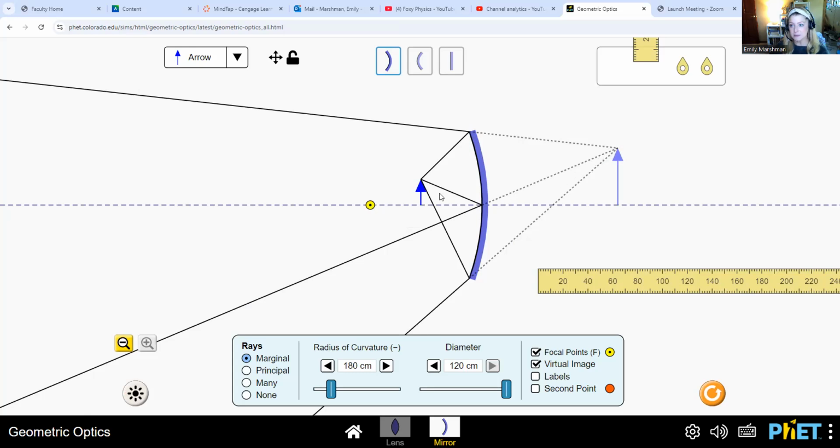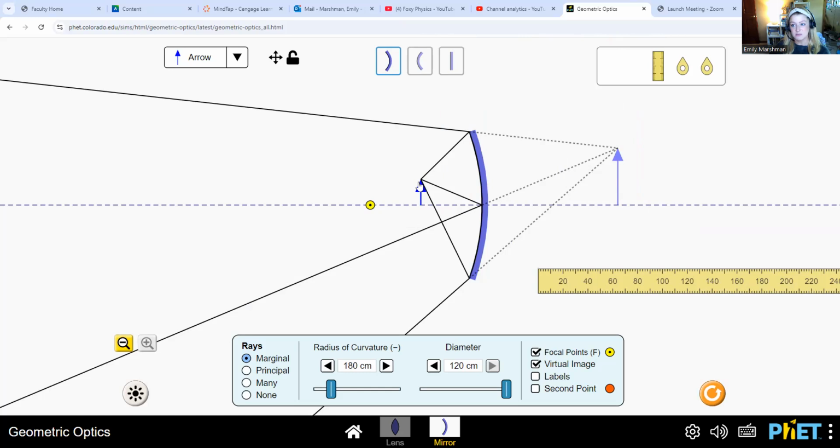That's because of the way the light rays are being bounced off and diverging out like this. They never converge at a point over here, so they never form a real image. They do form a virtual image, though, behind the mirror. And that image is 2.25 times bigger than the original one, which matches our prediction, and it's upright.